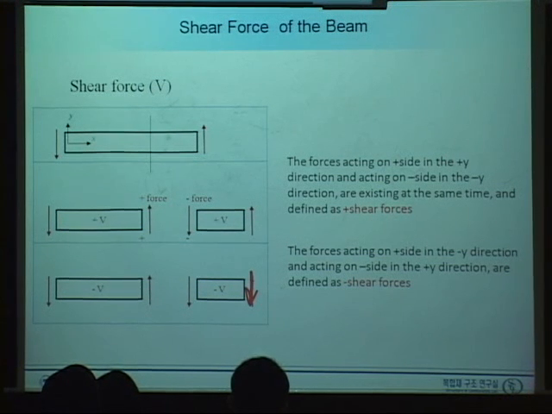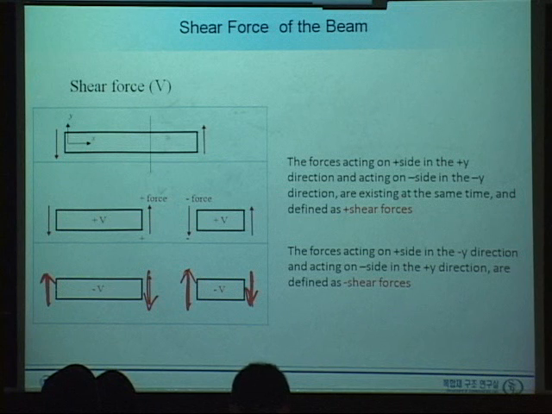The plus x surface subject to a minus y force, and this way, and this way, and this is called what? Minus shear force.